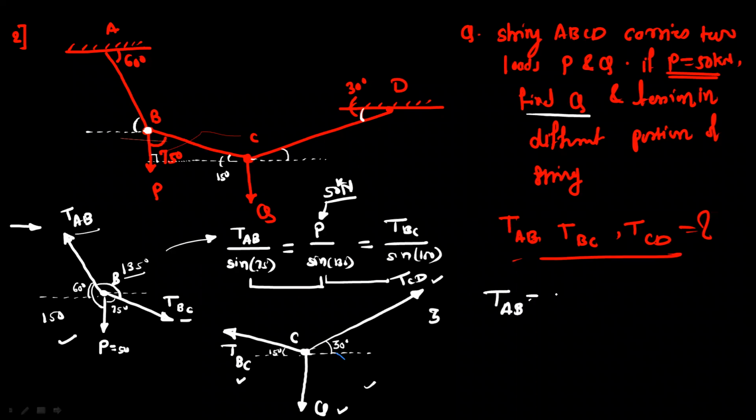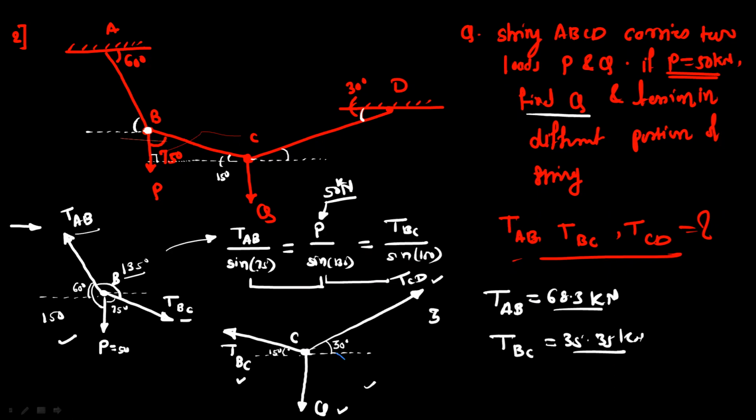So the tension AB is equal to 68.3 kilonewton. Tension BC is equal to 35.35 kilonewton.